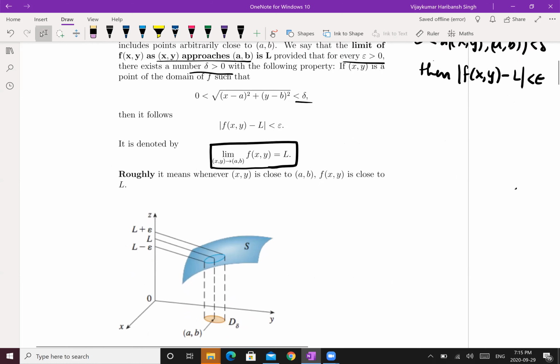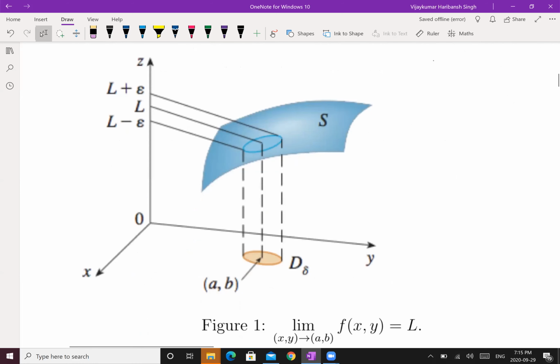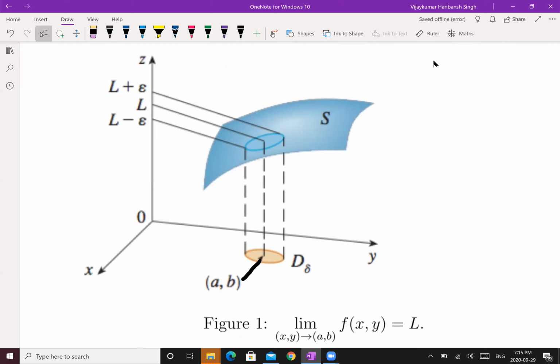If you want to look at it from the diagrammatic perspective, this point is (a, b).